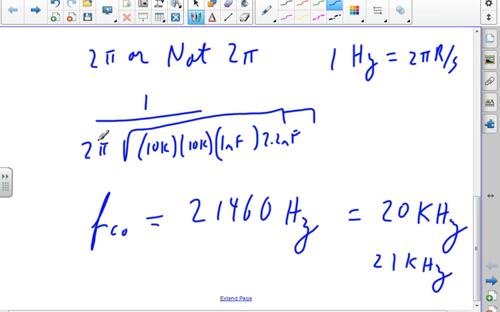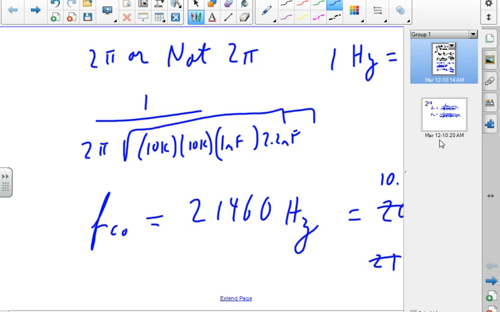My calculator doesn't show a 2, so I'm going to have to divide this answer by 2. I got 10,730. 10.7K? Yeah, that looks like a better number. That makes more sense, because I was wondering what the hell I did wrong. That's a good thing about this new calculator: I can see what I've entered after I push the enter button. These TI-36s? Yeah, that's what I like about them. So that was not right.